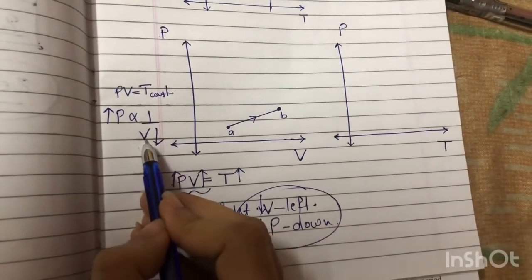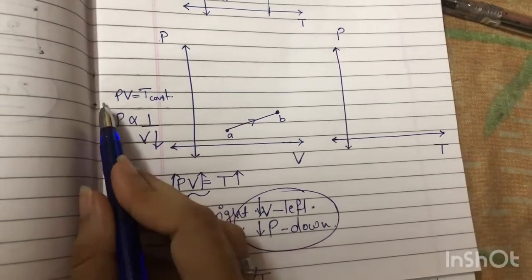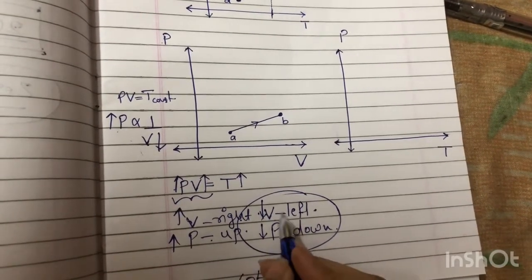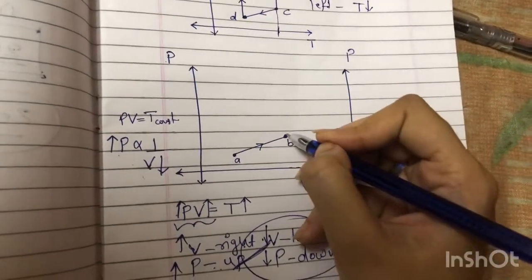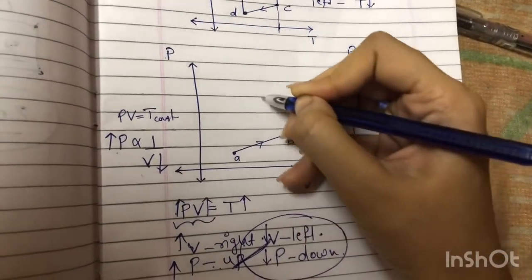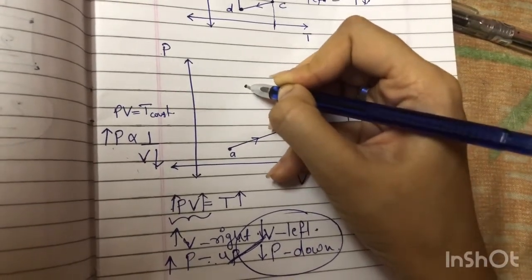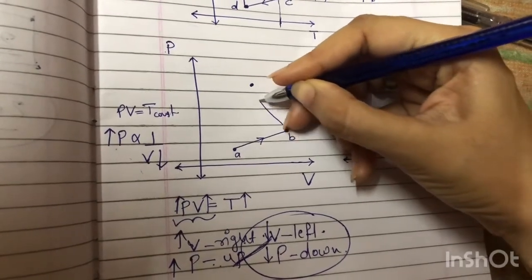See, volume should decrease, that is, it should go towards the left, and pressure should increase, meaning it should go up. Left and up. This is the combination from B to C. I am going towards the left and also upwards, and it will be a curve.